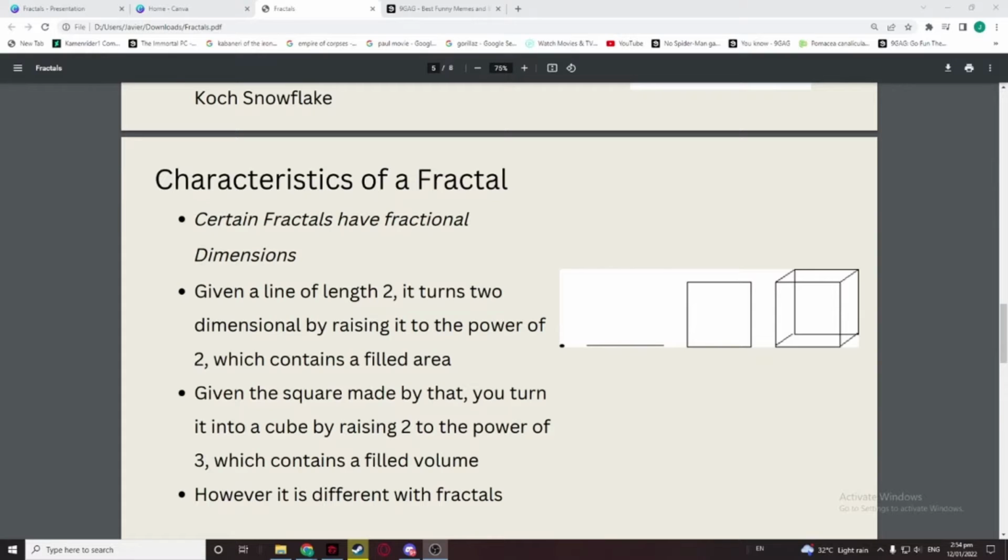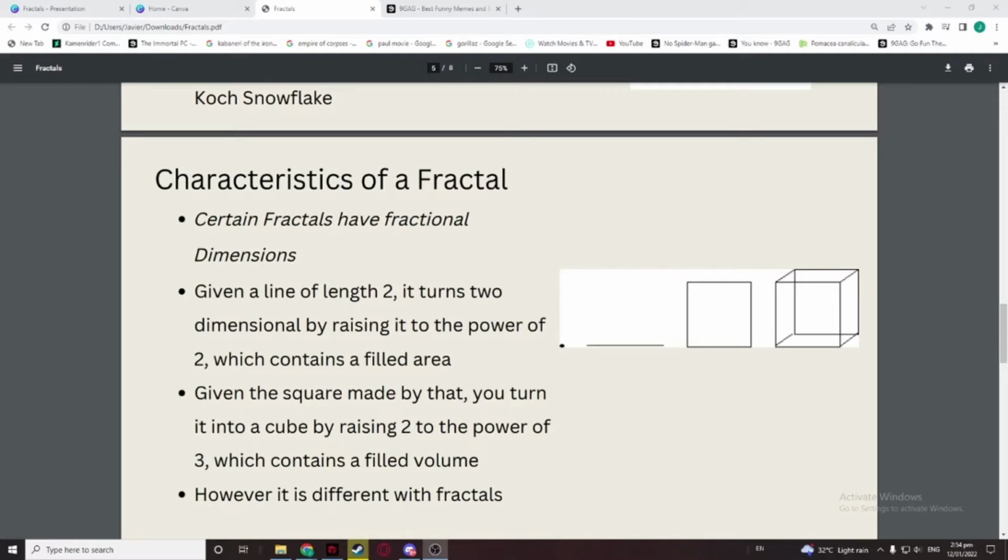Given a line of length 2, we turn it into a two-dimensional object when we raise it to the power of 2, wherein it has an area of 4 square meters. To get a cube, you raise the length of the line to the power of 3, wherein it will have a volume of 8 cubic meters.